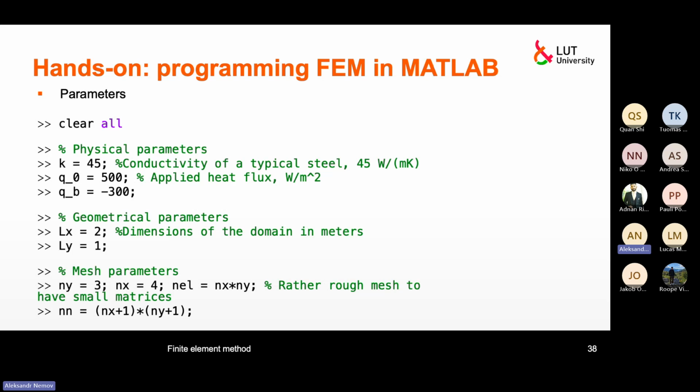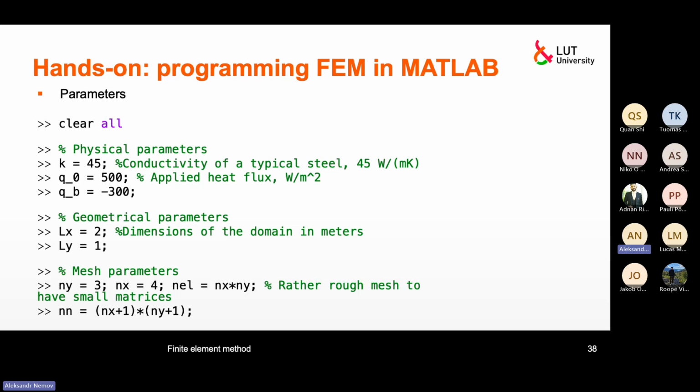Okay, so I introduced parameters about the material, just one parameter in this case, conductivity. And this is something that is typical for steel, like 45 watt per meter per Kelvin dimension. It's not millikelvin, it's meter times Kelvin. Okay, and heat flux dimension is watt per, it's energy per time per area.